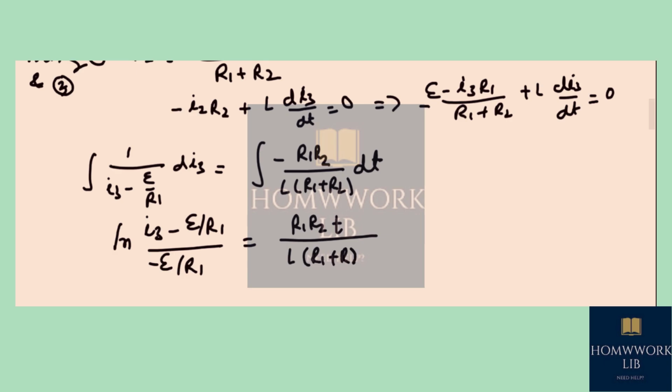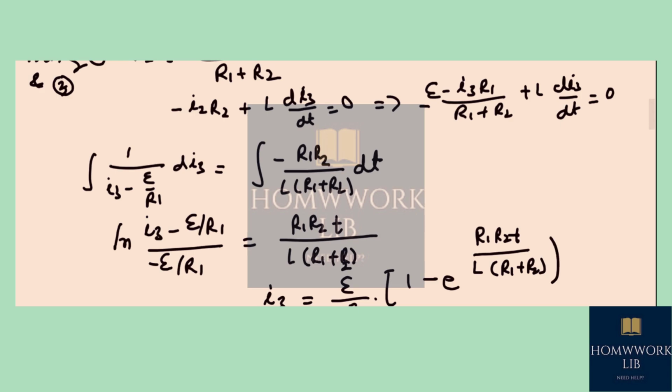On solving this equation, I3 can be written as E upon R1 into 1 minus exponential of minus R1 into R2 into t upon L into R1 plus R2. So that is the answer of C part.